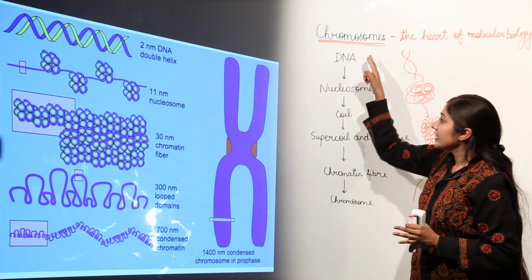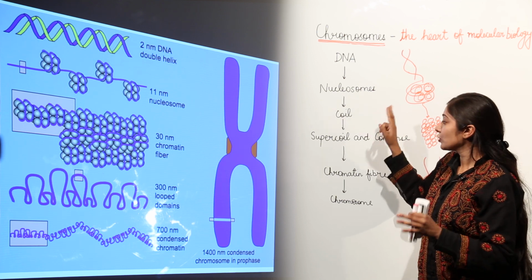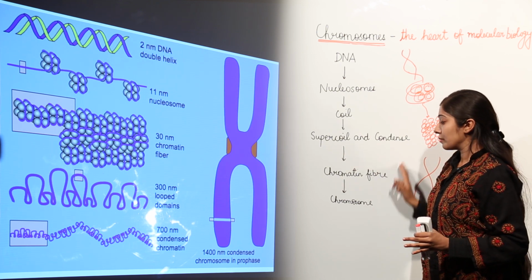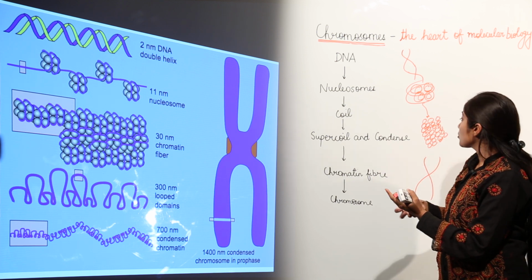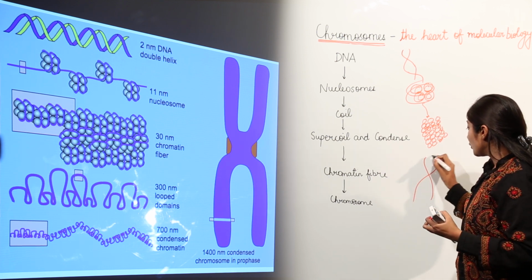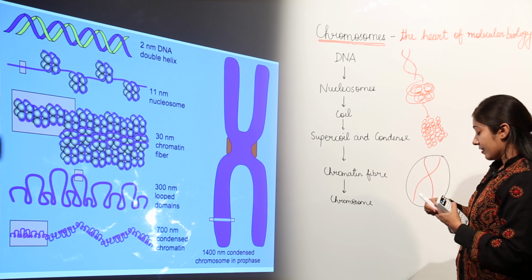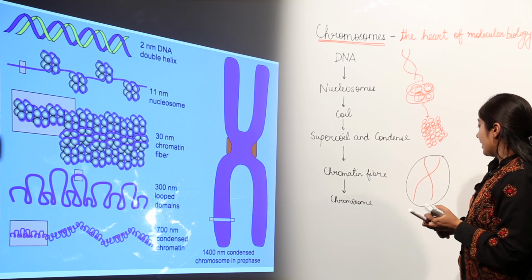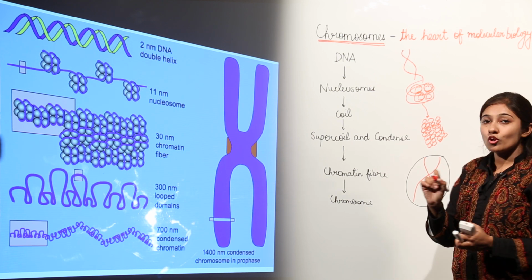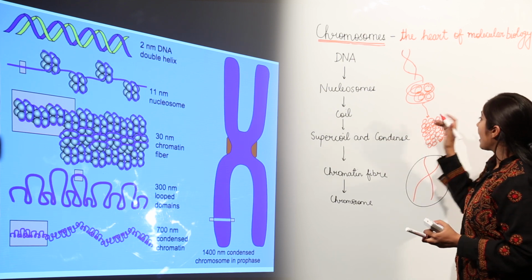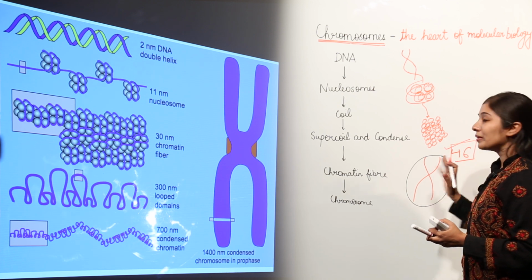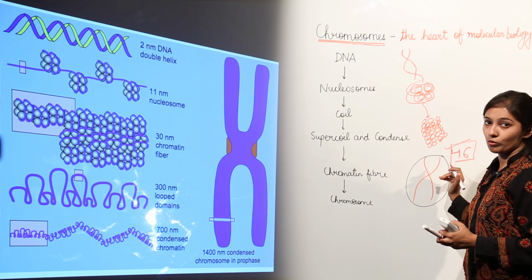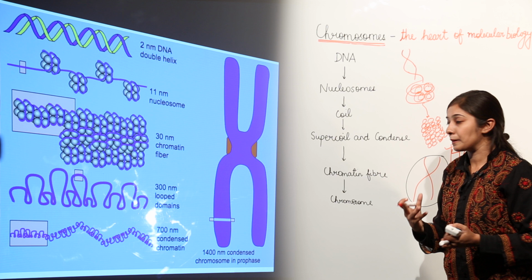So remember, DNA to nucleosome, nucleosome coils, supercoils and condenses, it forms chromatin fibers, and finally it forms chromosomes, and these chromosomes are located in the nucleus of the cell. And in case of human beings, we have around 46 chromosomes. We have how many chromosomes? We have 46 chromosomes in the nucleus of our cell.